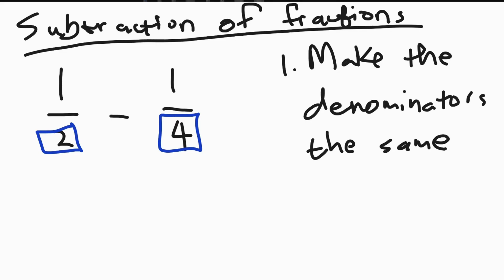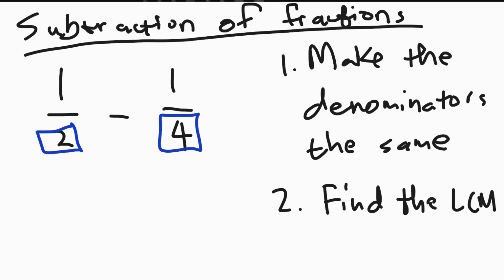Okay, so number 2 is find the LCM. Okay, we're gonna find the LCM. Right, then our LCM in this case is 4, right? Because we know 2 times 2 and 1 times 2 is gonna give me the same denominator.